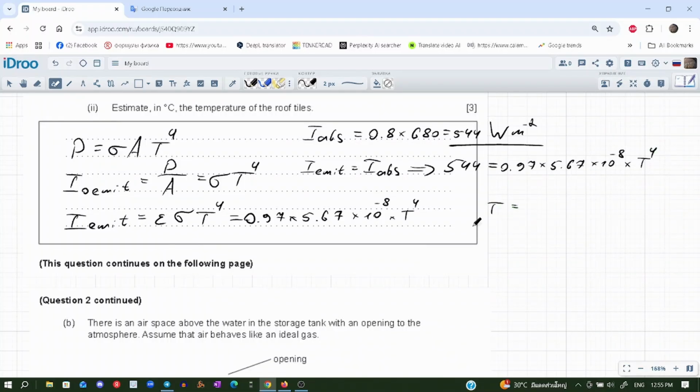If you derive it and calculate, you will get something about 315 kelvins, which is approximately 42 centigrades. This is the answer.